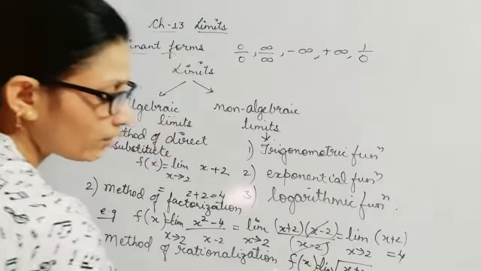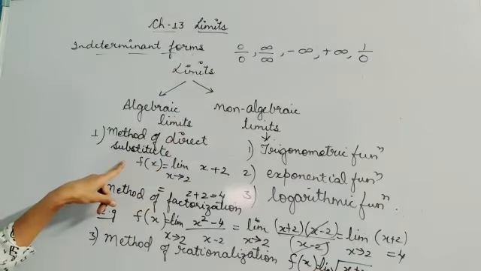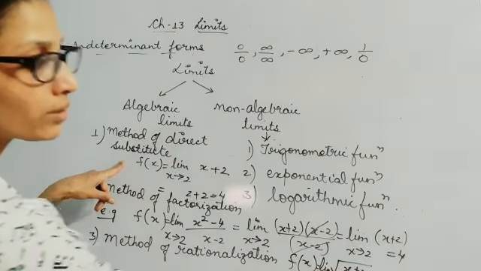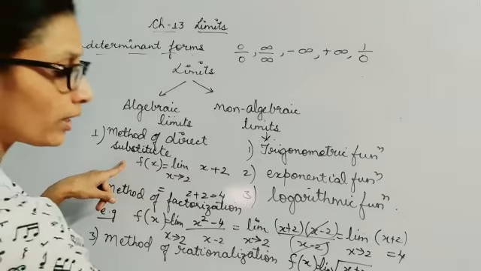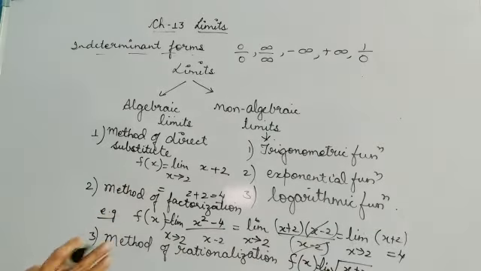Again, if you apply the direct substitution method here, this will give an indeterminate form. So I have to convert this question into some other form. That means I will be rationalizing it, since my function is in root form.